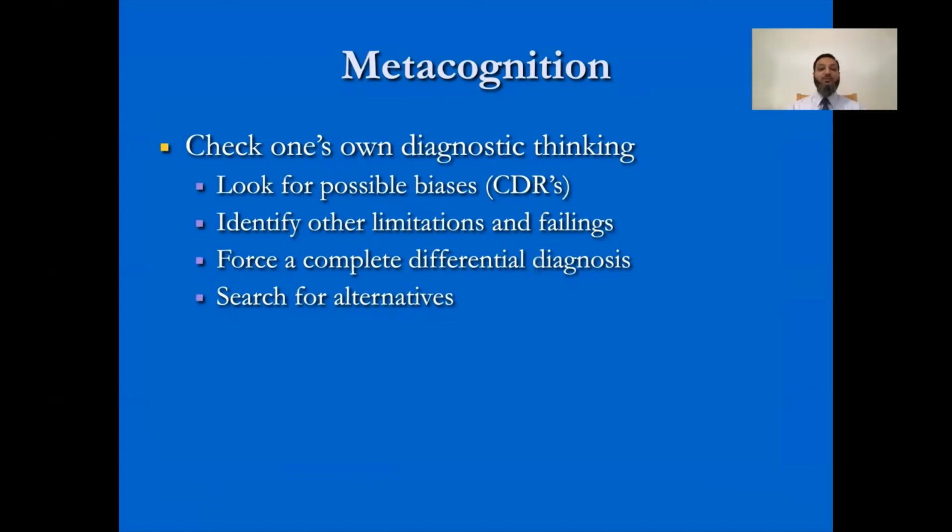Metacognition forces you to develop a complete differential diagnosis and to search for other alternatives. So through metacognition, through system 2, through reflection, through deliberate thought processing, you can come up with a more complete differential diagnosis and make sure you don't have any biases that might lead you to missing the actual diagnosis.